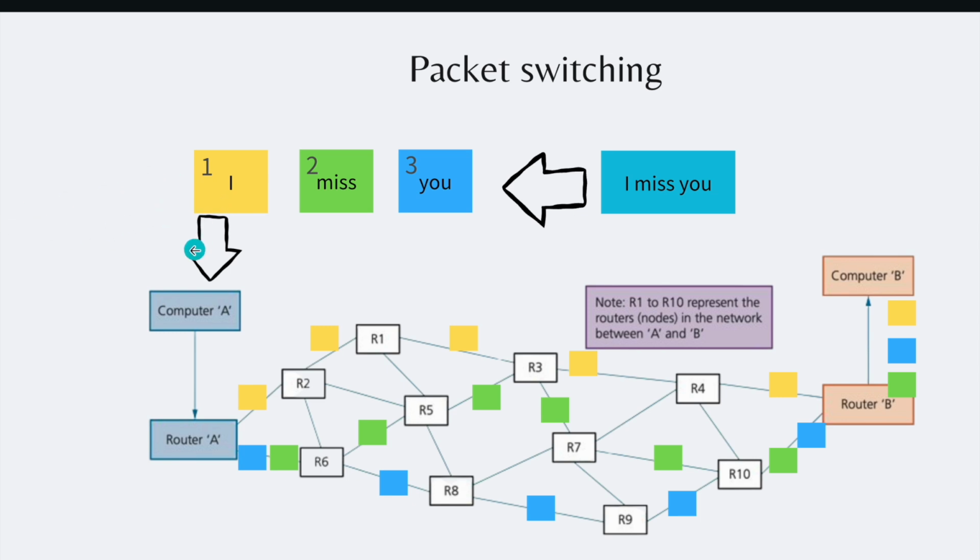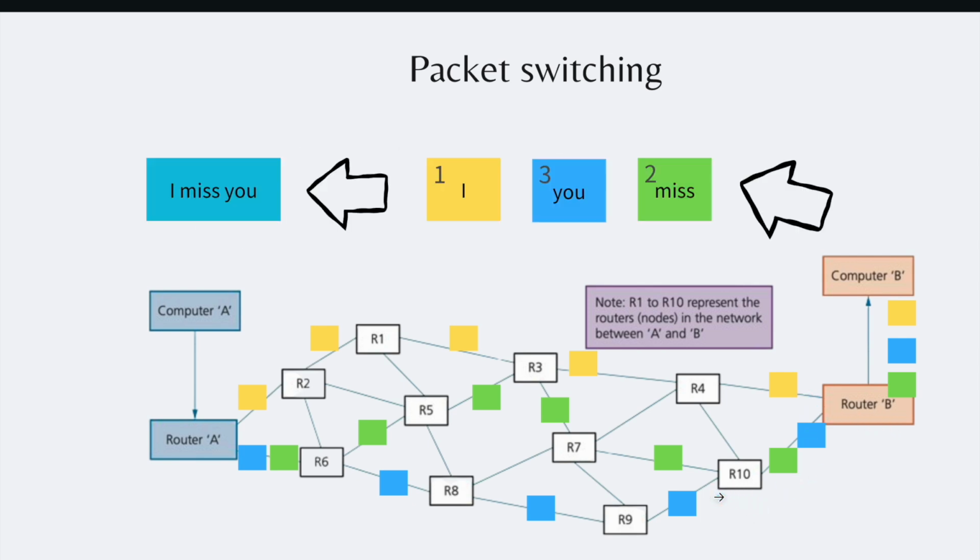Then we will transmit the data from computer A to router A. Then router A will send the data through the routers to router B. Then your friend can get 3 packets from computer B. Although the order of packets has changed, your friend still can get the right data by the sequence number.